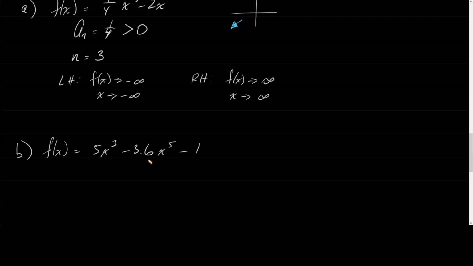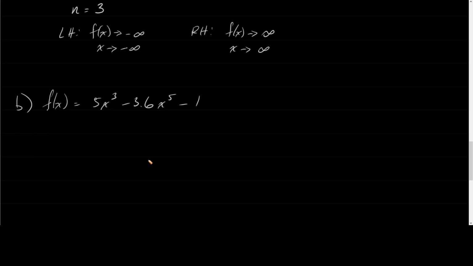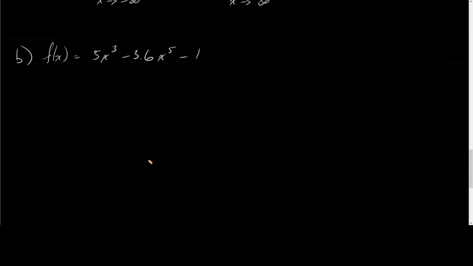So in here, again, we're going to be using the leading coefficient test. And for that, we need to figure out what the leading coefficient is. You would think it's 5, but it's not, because it has to depend on the degree, right? First, let's look at the degree here. What is the degree? It is 5. It's degree 5.